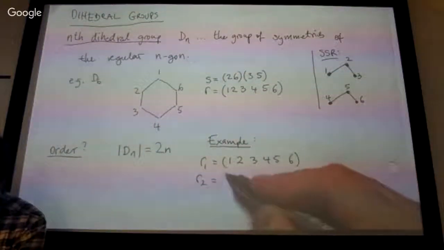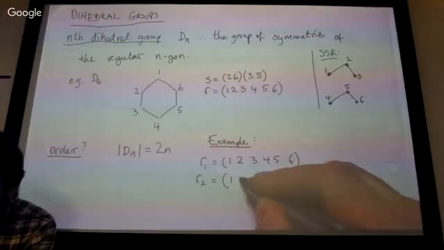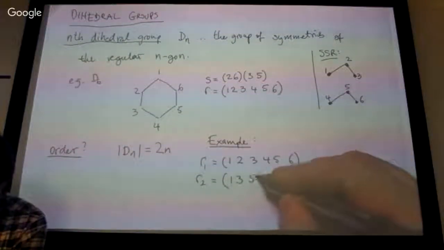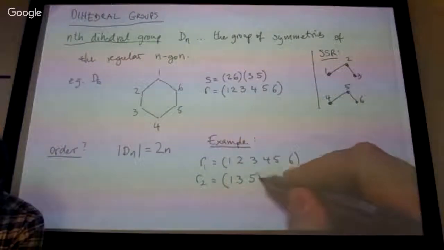And there's a second rotation, which is 1 goes to 3, so plus 2. 3 goes to 5. 5 goes to 1 again. Okay, so that's 1 cycle.